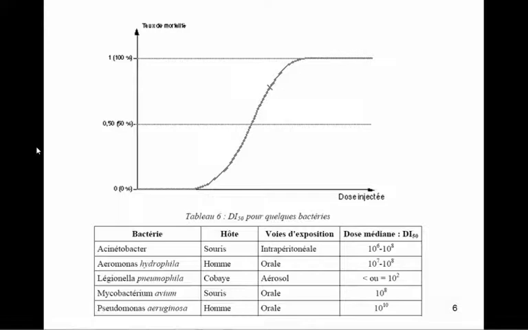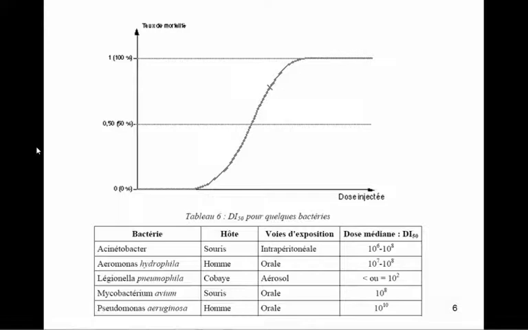So you can see that, for example, Aeromonas hydrophila, in human beings with an oral transmission route, even if you swallow 10 to 100 million of these bacteria, only 50% of people will get sick. So this is not very pathogenic, not very easily transmissible.